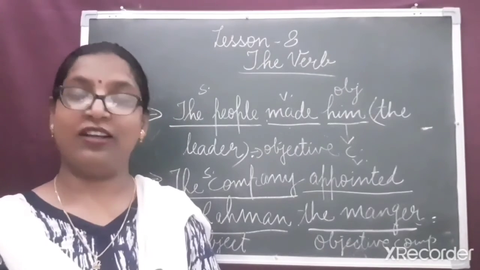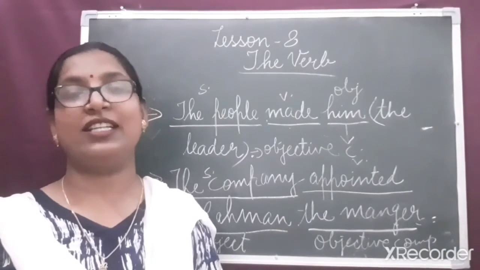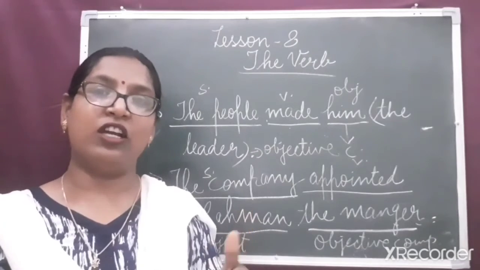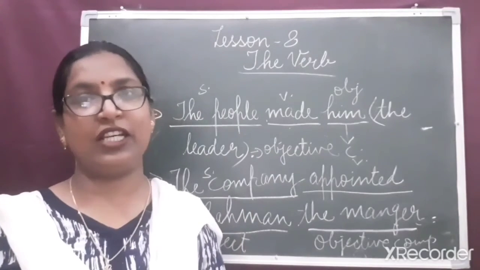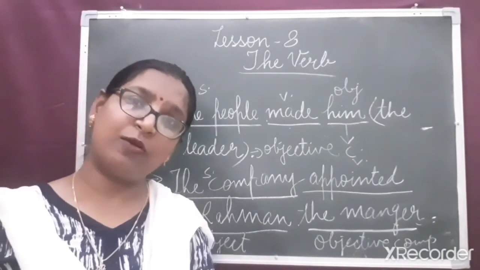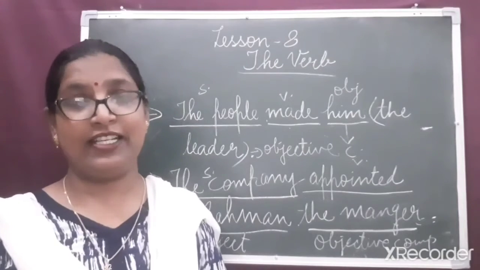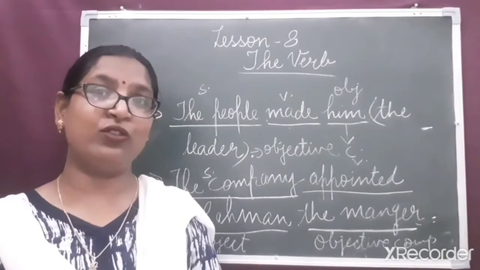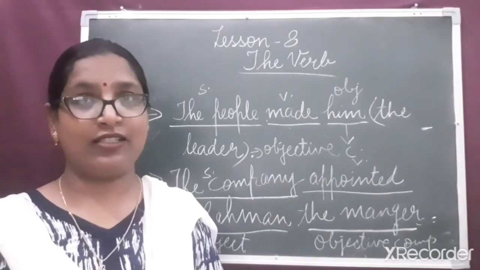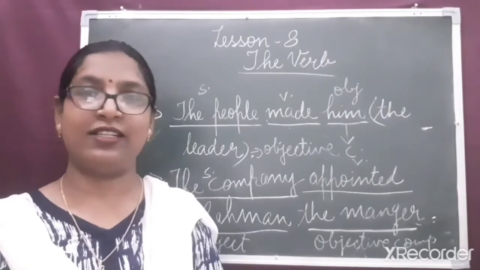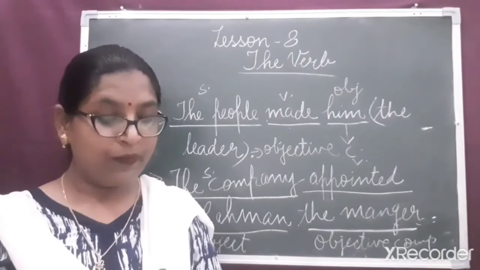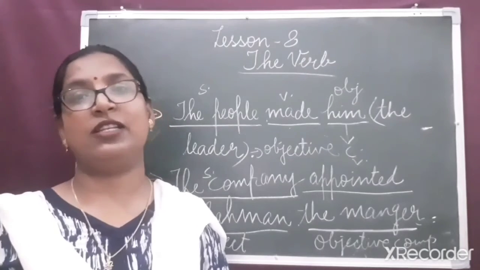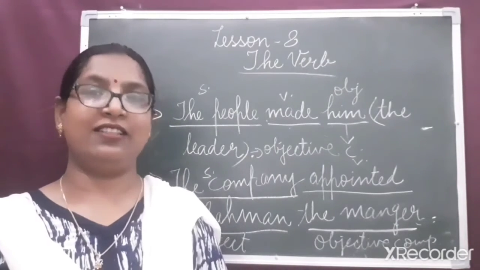What we are talking about, that is the subject, and whatever we say about the subject, that is our predicate. And dear children, I told you that in every sentence there is a verb. Without a verb, the sentence cannot be complete. So, the verb is always part of the predicate.